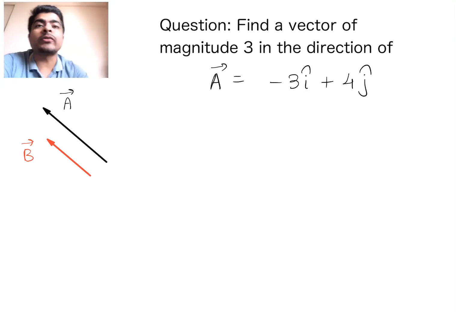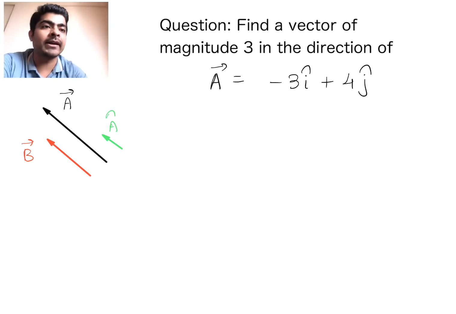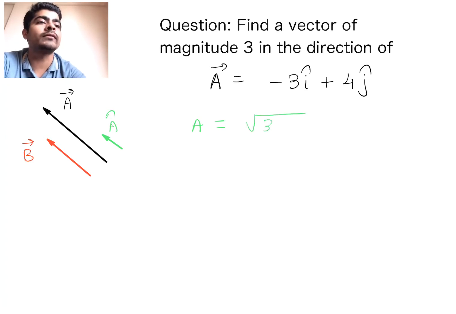First of all I need to find the unit vector parallel to a vector. So I want a unit vector parallel to a vector. This is, let's say, a cap. So a cap will be given by a vector divided by a. First of all, what is the magnitude of a vector? So a will be equal to under root of 3 square plus 4 square.